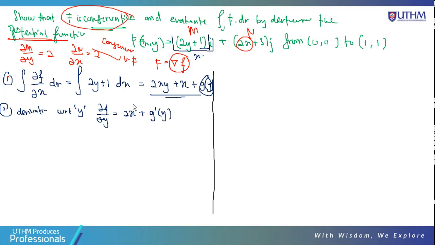After that we compare. We know this one represents partial f over partial x, and this one represents partial f with respect to y.